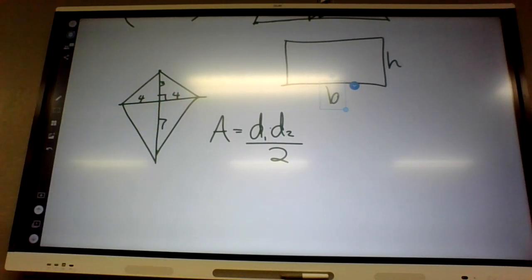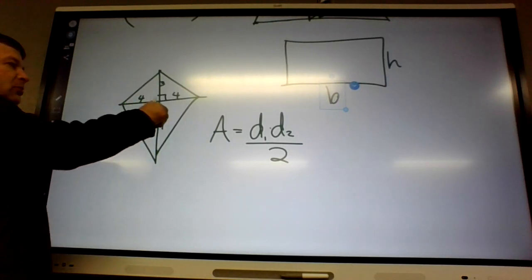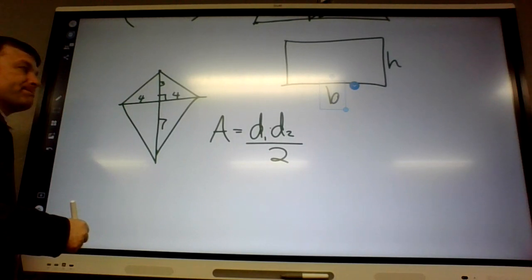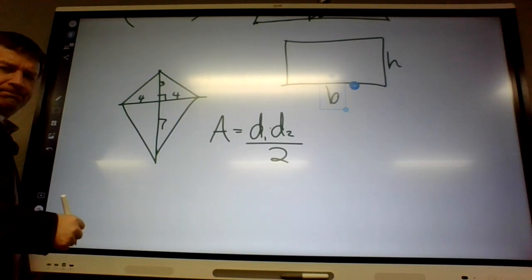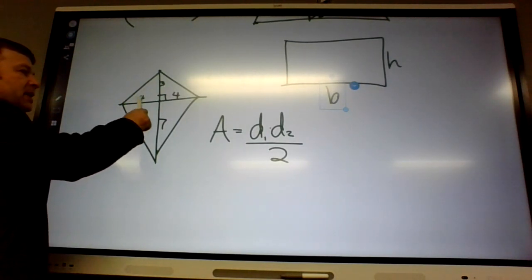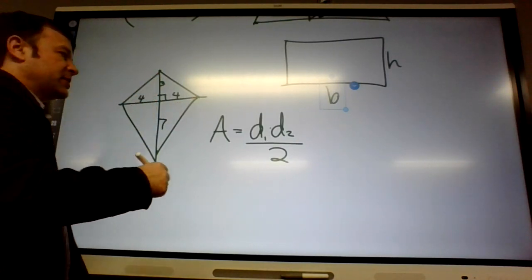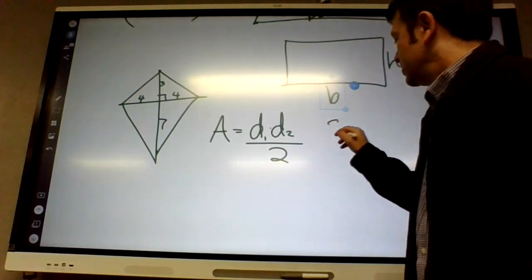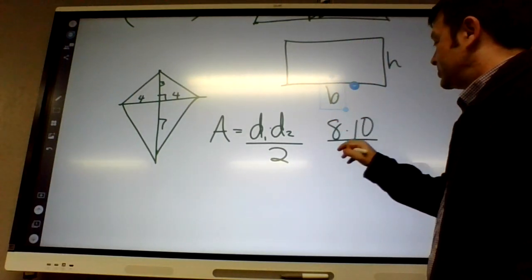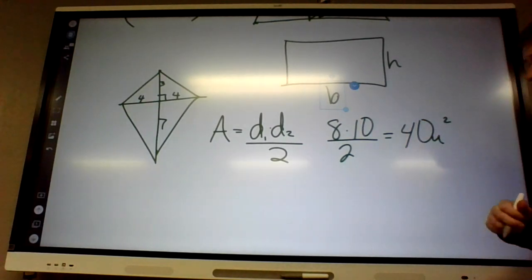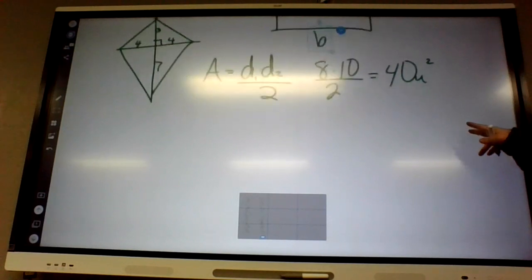So if this was my kite, how long are my diagonals here? 8 and 10. So if this was the problem, you do 8 times 10 divided by 2. It'd be 40 units squared. Okay, so it's just diagonal times diagonal divided by 2.